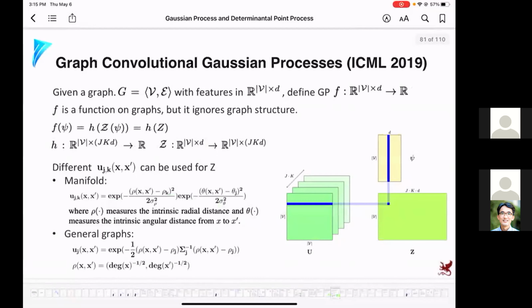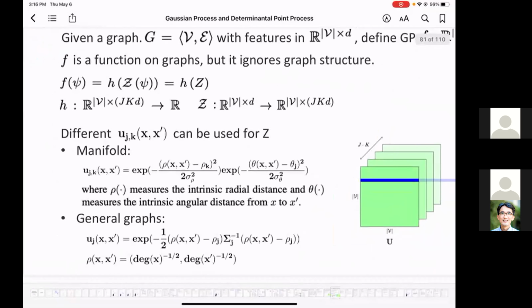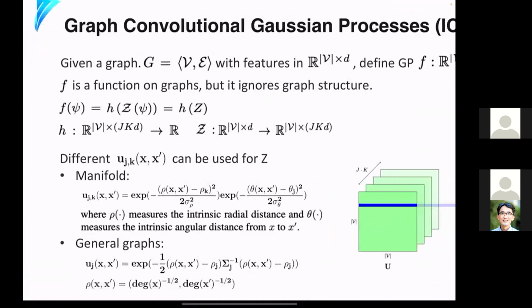So somehow I think you want to connect this J and K to this radius and the angular distance. Yeah, so maybe we can look at this formula. First of all, in the paper, it's saying that we can actually use any U we like.